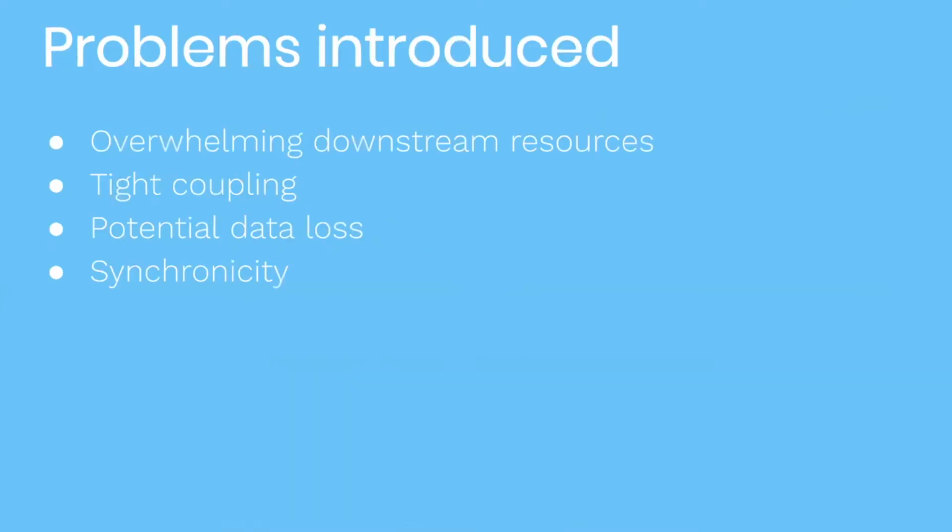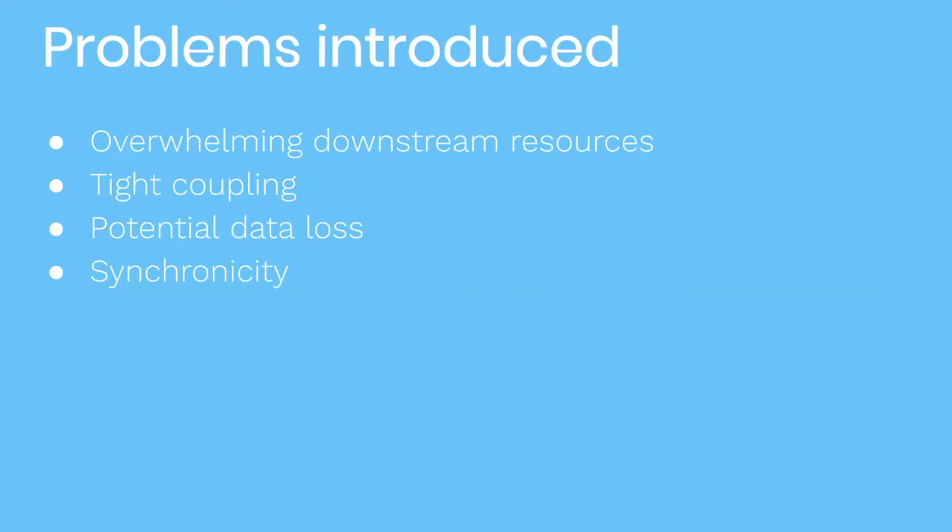So we do introduce a few significant problems here. With many thousands of requests coming in at any given second, we run the risk of overwhelming the number of available connections that the instance can handle. And so we need to slow down the flow of data so as not to overwhelm our downstream resources.